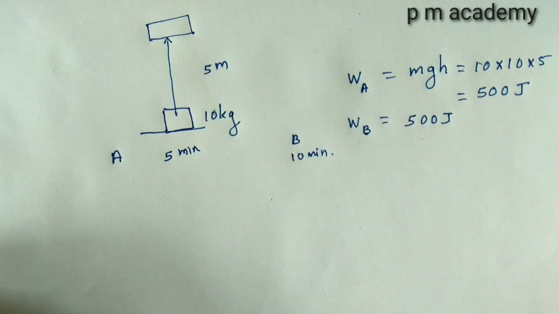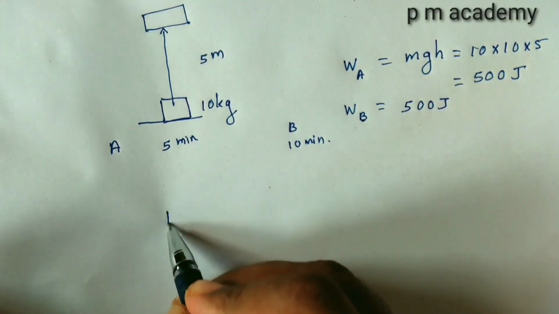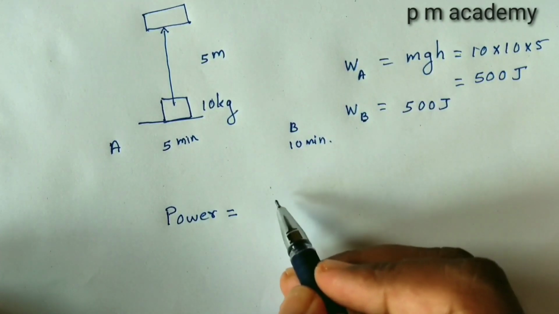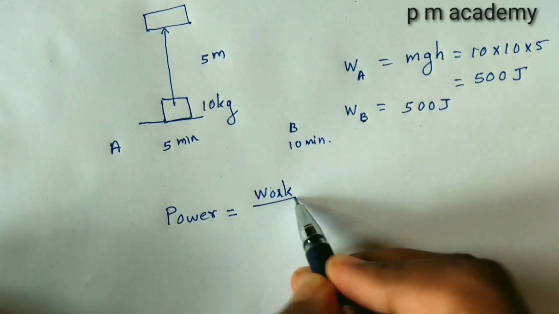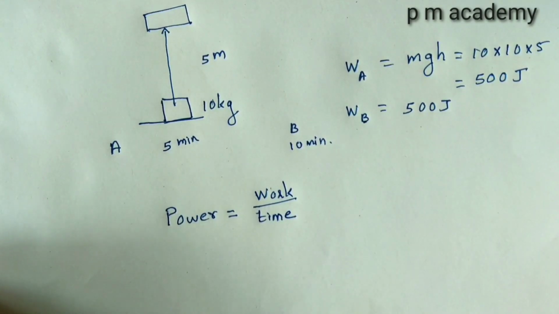Power is the work done per unit time. Therefore, power is equal to work done per unit time, that is work by time.